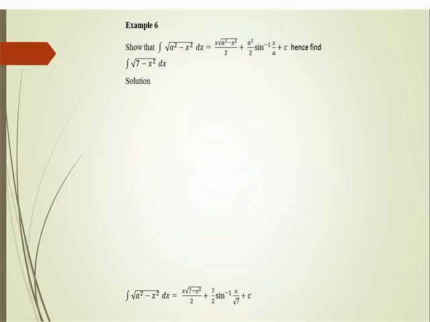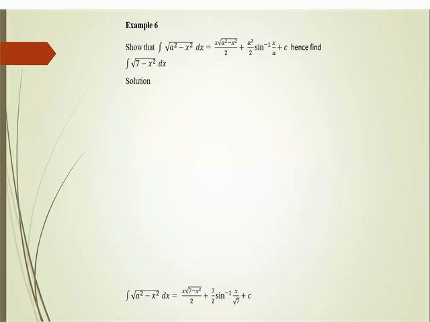From this second example that says, show that the integral of square root of a squared minus s squared dx is equal to x square root of a squared minus s squared all over 2 plus a squared over 2 sine inverse x over a plus c. Hence, find that question there. What are we using? Cos, tan, or sine? You think it is tan, x equals tan theta?